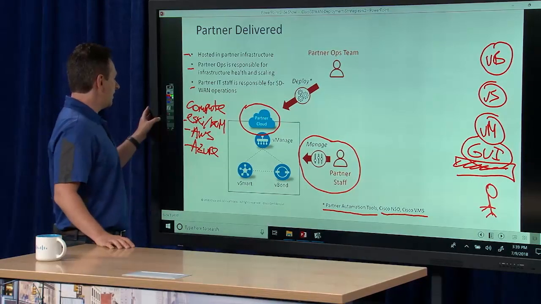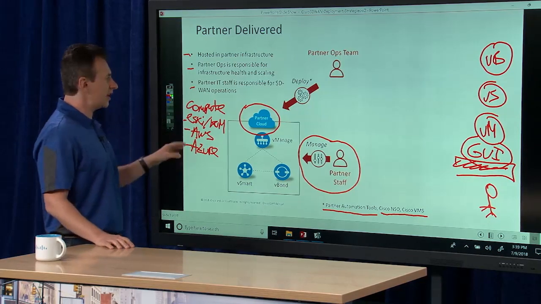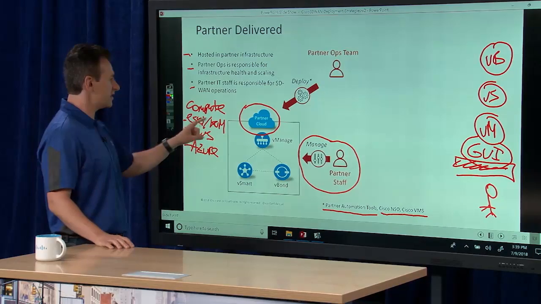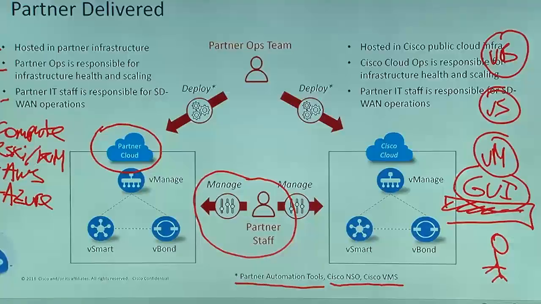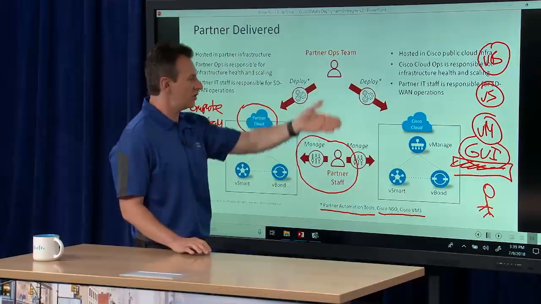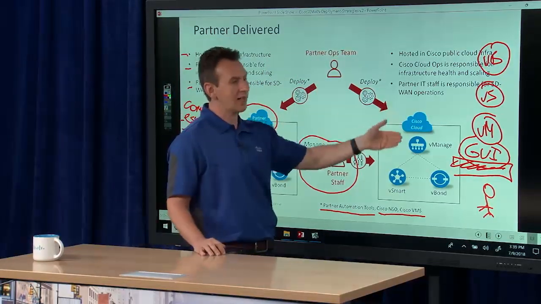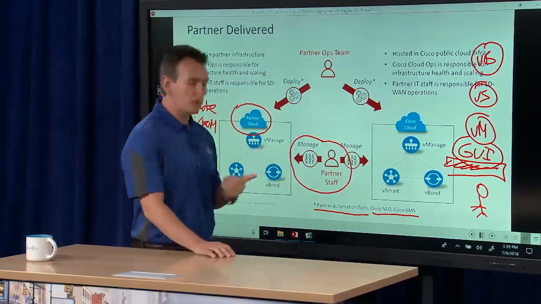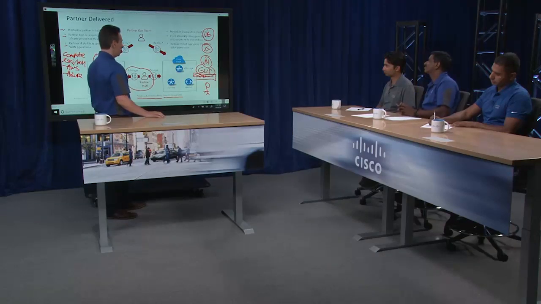Right. Now, if we look at the variant of this, a partner can also deploy the control infrastructure onto the Cisco cloud environment. Not the most popular option. It is possible.